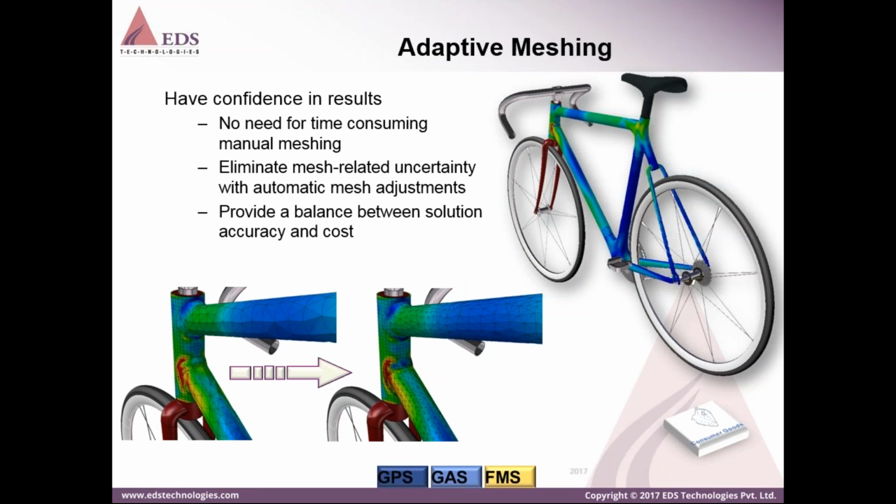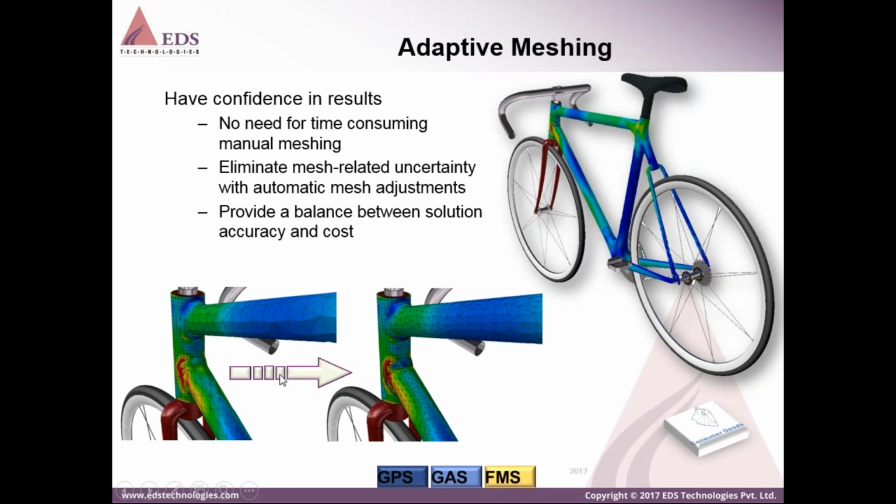As we have discussed, CATIA has automatic mesh generation, but many times at some critical areas we require mesh refinement. With the help of adaptivity, we can reduce the mesh size at critical areas.